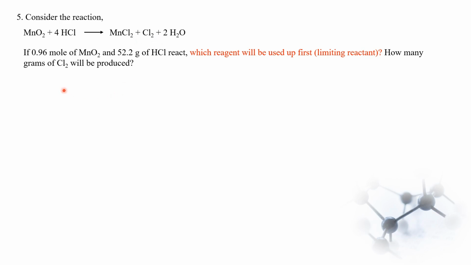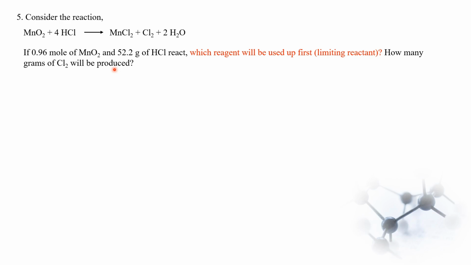Now the question is, if 0.96 moles of MnO2 react with 52.2 grams of HCl, what is the limiting reactant? Limiting reactant means which reactant, MnO2 or HCl, is consumed first. Part 2 is how many grams of Cl2 will be produced. There are 2 parts, so let's first find out what the limiting reactant is.